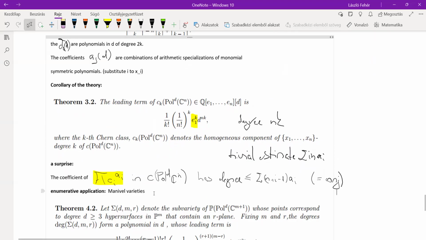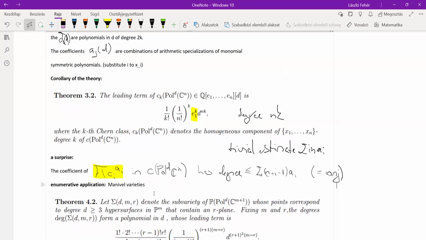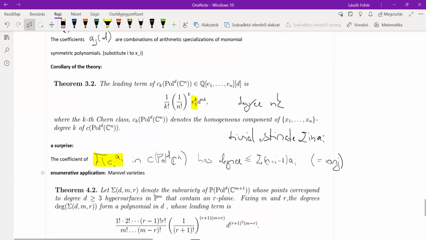And I call them Manivel varieties because he started to study them. And he noticed that the degree of these Manivel varieties is a polynomial, but his comment was based on some calculations. And it turned out that his guess was only valid for r equal to 2.